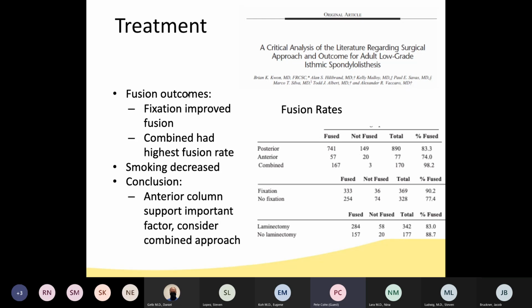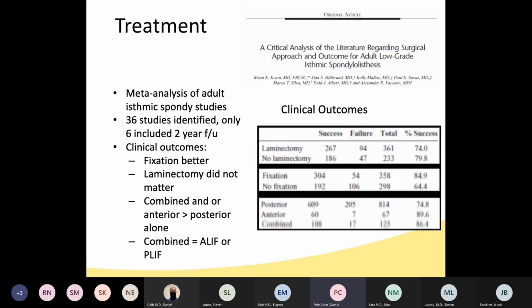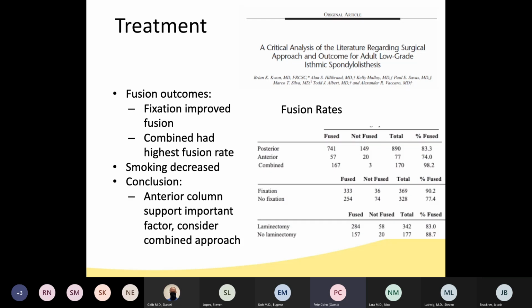Fixation, as we've seen already, improved fusion rates as well, and smoking decreased fusion rates. So the conclusion of this meta-analysis was that anterior column support was an important factor and tended to improve outcome scores, and they recommended considering a combined approach.